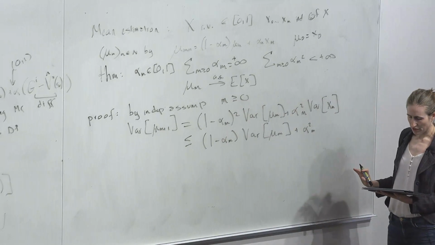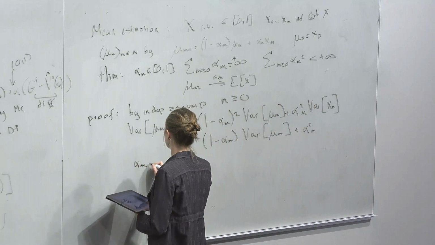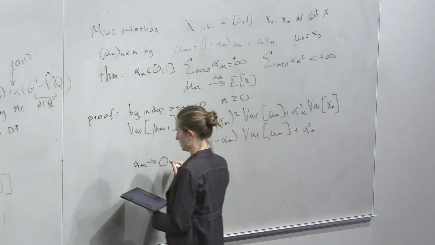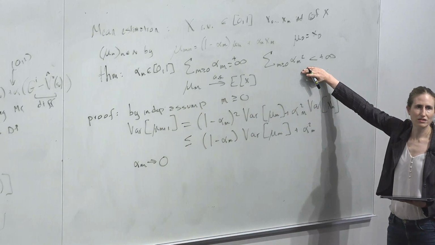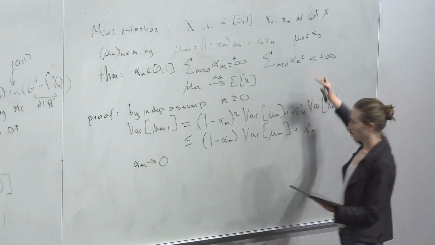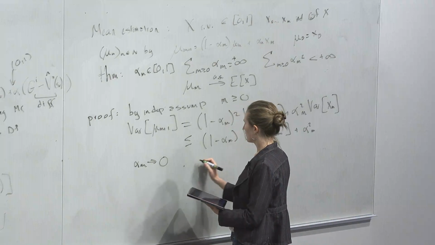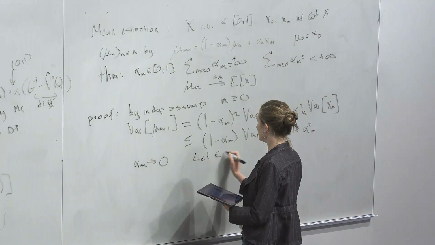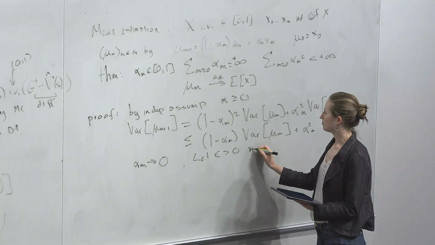All right, so we know that alpha m has to be going to 0 because this sum has to be less than infinity. So alpha m has to be going to 0 eventually. We're going to define epsilon greater than 0, and this is going to be a proof by contradiction.